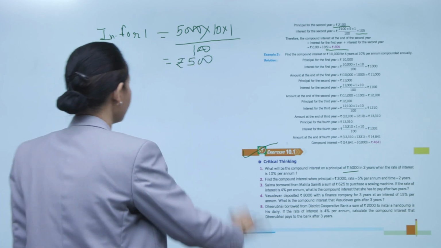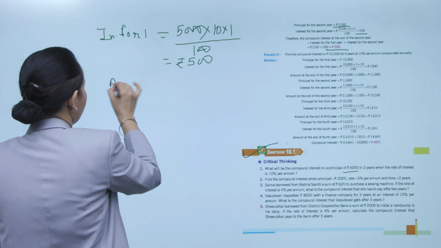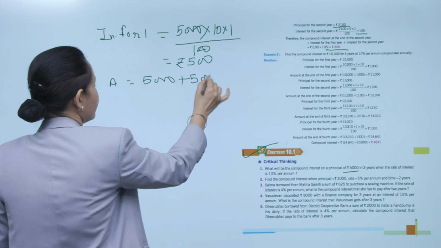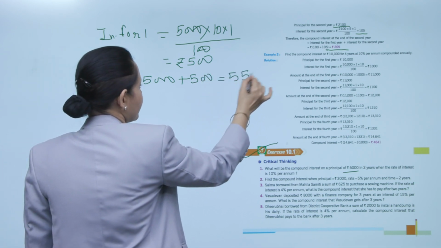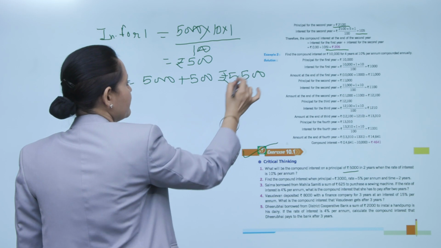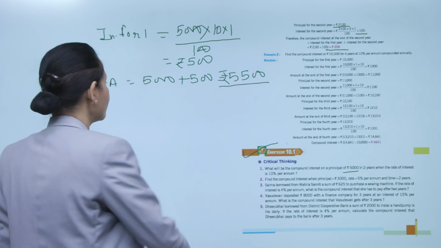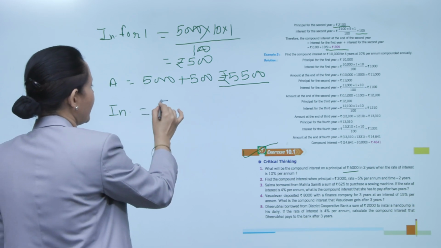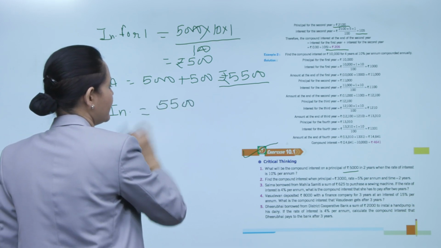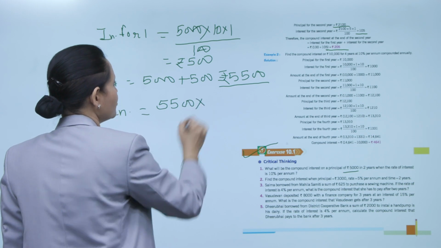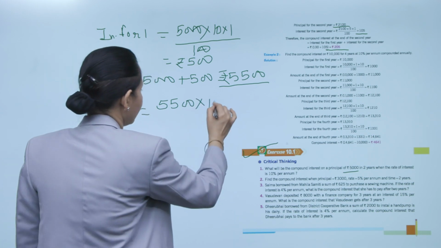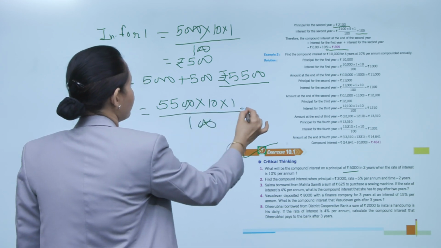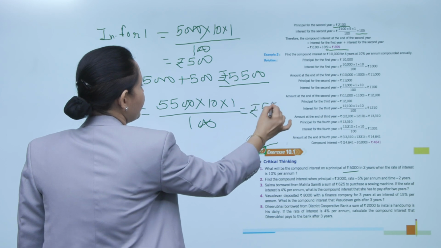Now, the amount will be 5000 plus 500, that is 5500 rupees. Now, it will become the new principal. So, the interest for the second year equals 5500 into the interest rate, which remains the same, rupees 550.